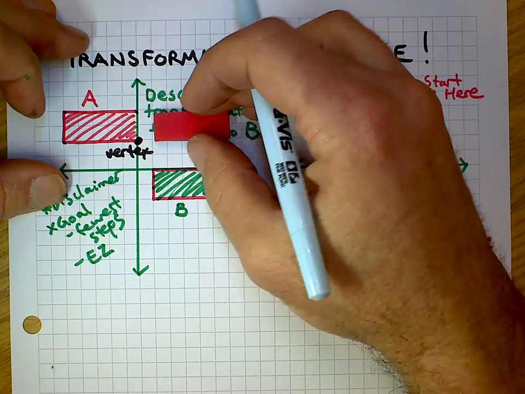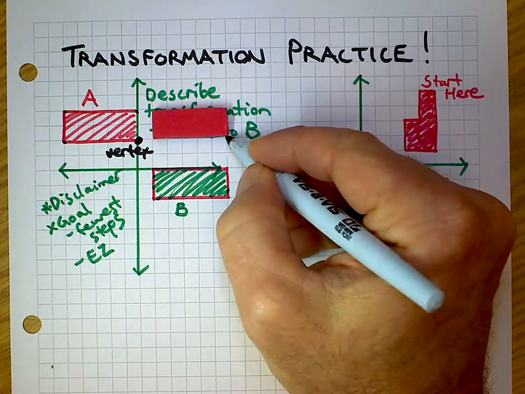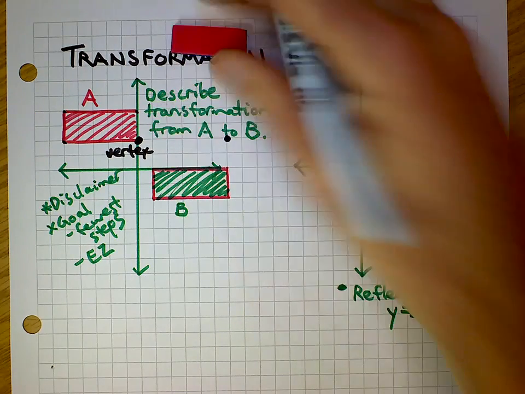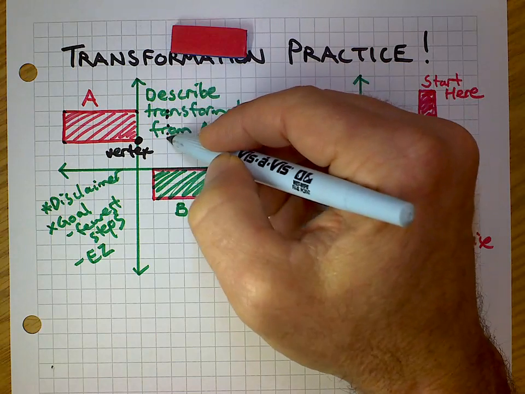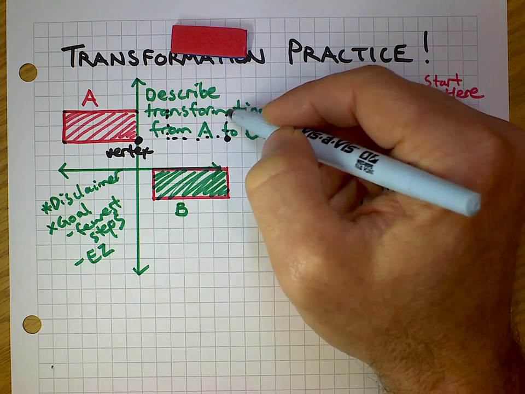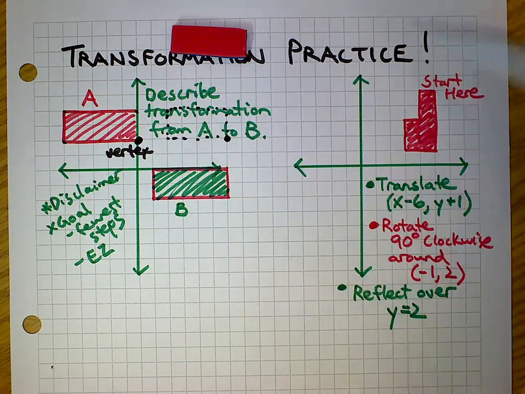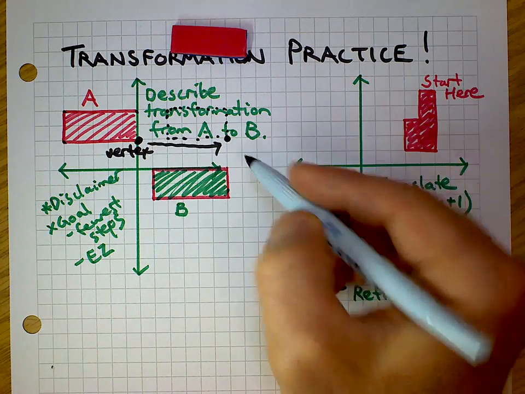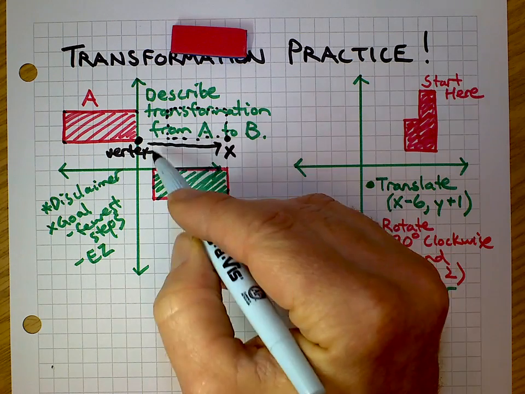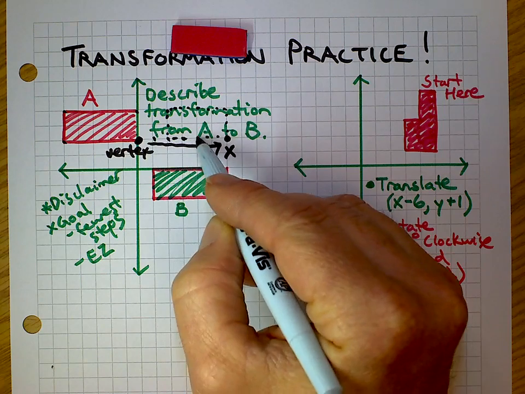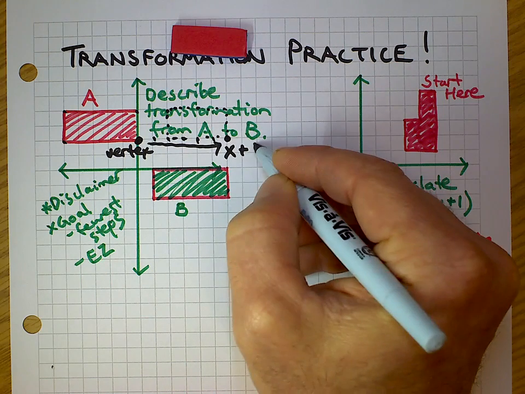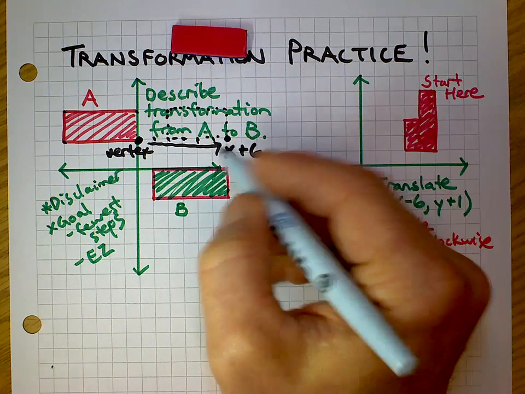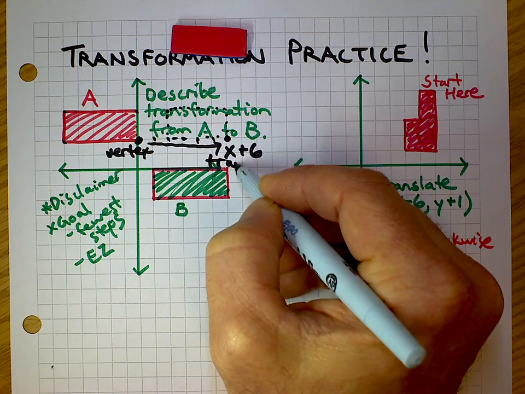They're all going to do the same thing because the whole shape is moving. So if I start by moving over here, my vertex goes over there. And then the rest of the shape is oriented around that, okay? But the bottom line is that vertex went that far. It went 1, 2, 3, 4, 5, 6 to the right. So we say translate x plus 6.